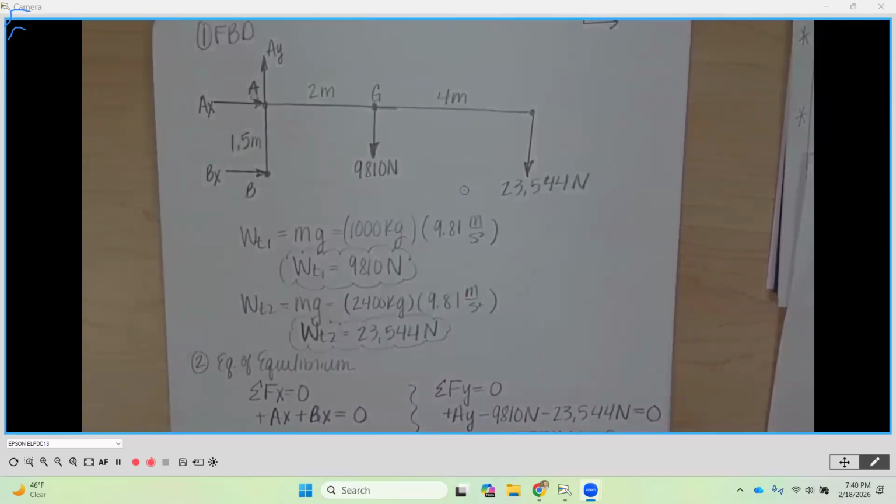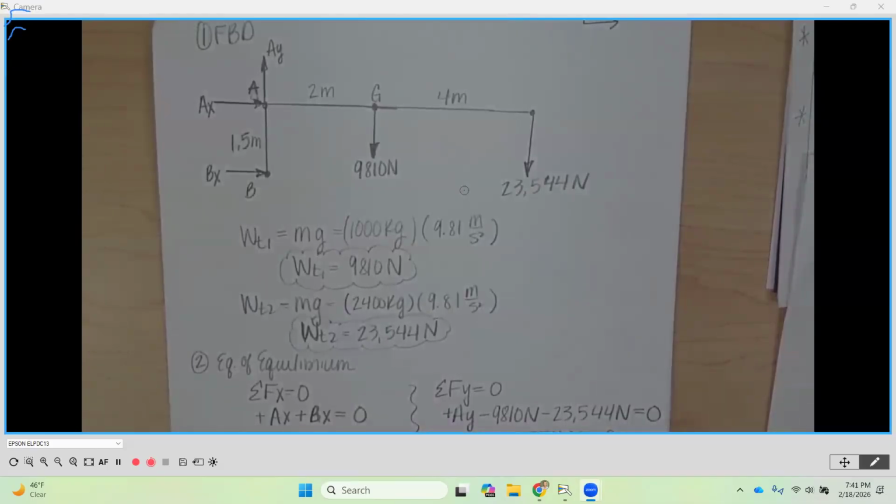So if you're comparing notes, let's say with a classmate and they did it around a different one, it isn't better one way or the other, as long as in the end you end up with the same answers. So we're going to sum our moment around A or B because those are where the unknowns are. We want to get rid of one of the unknowns, right? So we can solve for the other one.